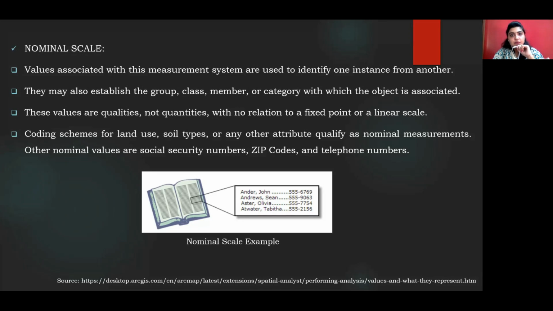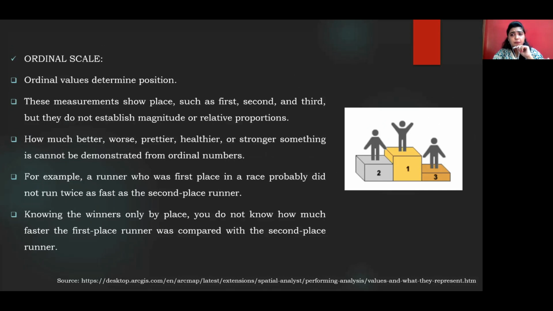Soil types, red soil, black soil, laterite soil, all these types of soil, nominal scale. These are nothing related to quantity. They have no relation to a fixed point. So nominal.